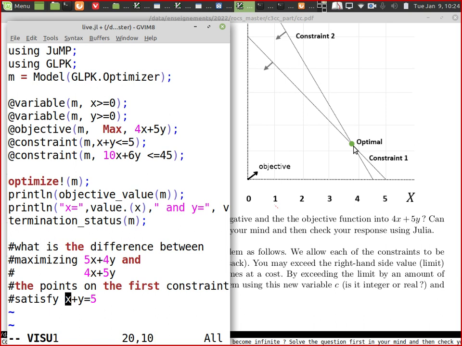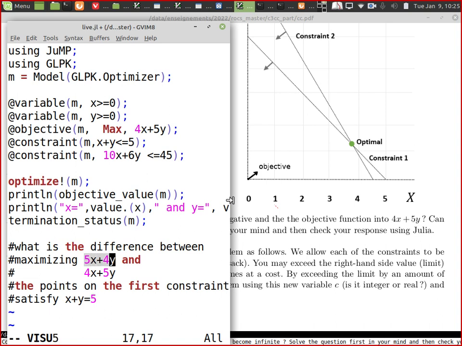So, among all solutions, all x and y that satisfy x plus y equal 5, these points are situated on this line. Which is the best one if you maximize 5x plus 4y?